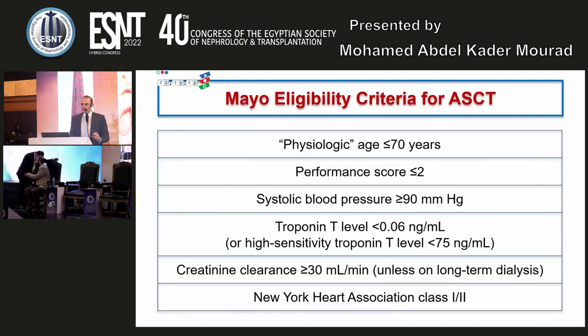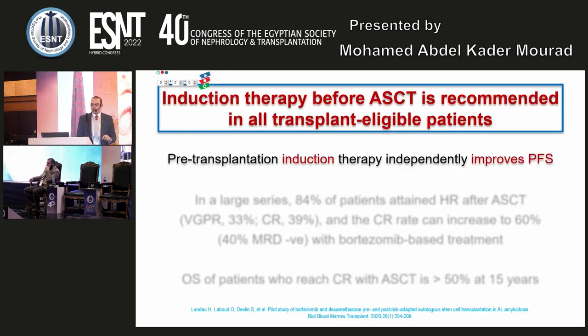There are Mayo Clinic eligibility criteria: age 70 or less, performance status 2 or less, systolic blood pressure 90 or more, troponin T level less than 0.06, creatinine clearance 30 or more unless the patient is on long-term dialysis, and NYHA classification class 1 or 2. Before transplant, we should go for induction to decrease the tumor burden.